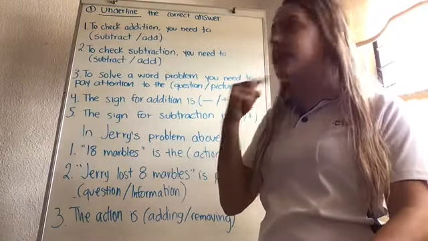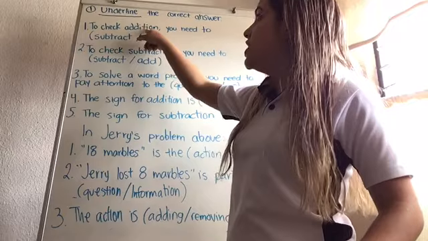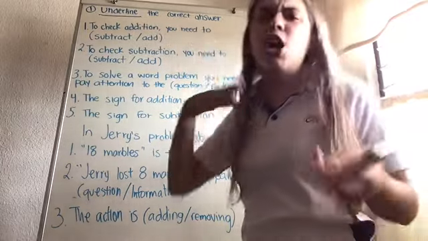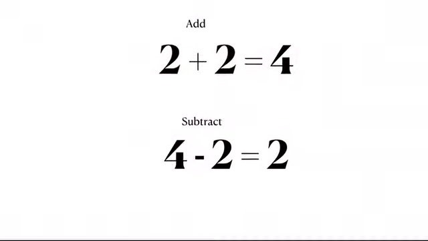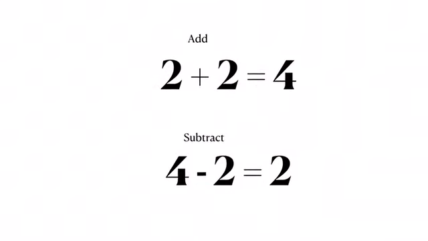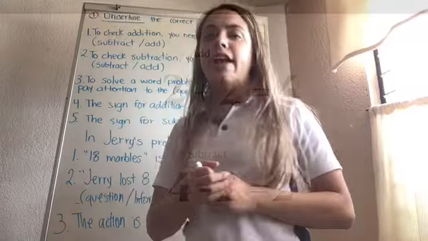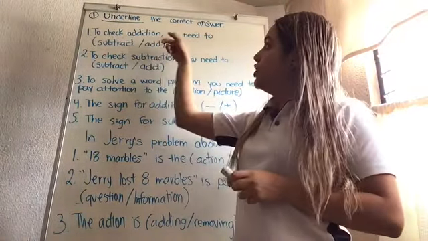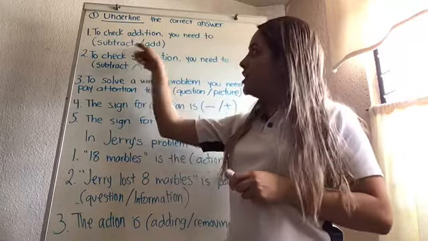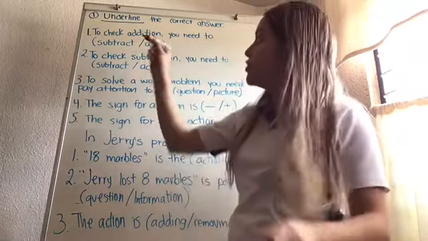Number 1, listen. To check addition, you need to, what do we need to do? To check addition, you need to subtract. So who can tell me what do we need to do? To check addition, you need to subtract or add. Very good. Subtract.